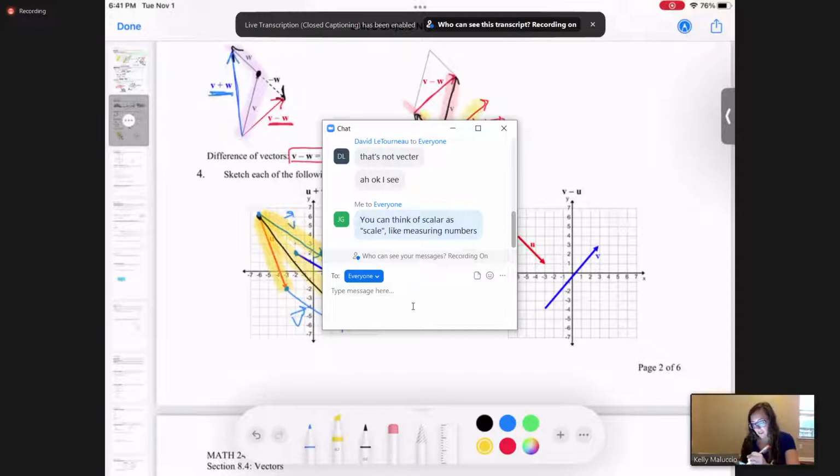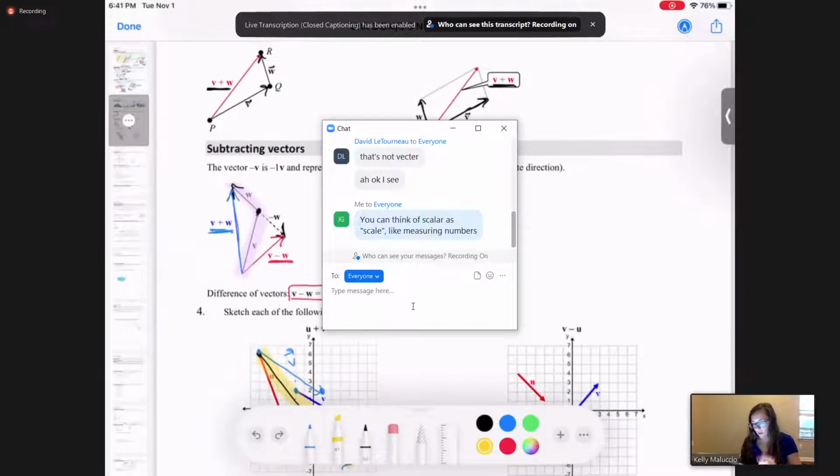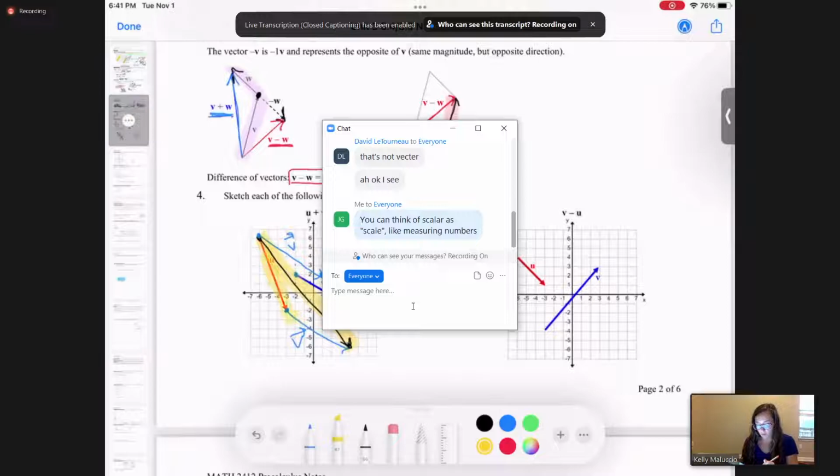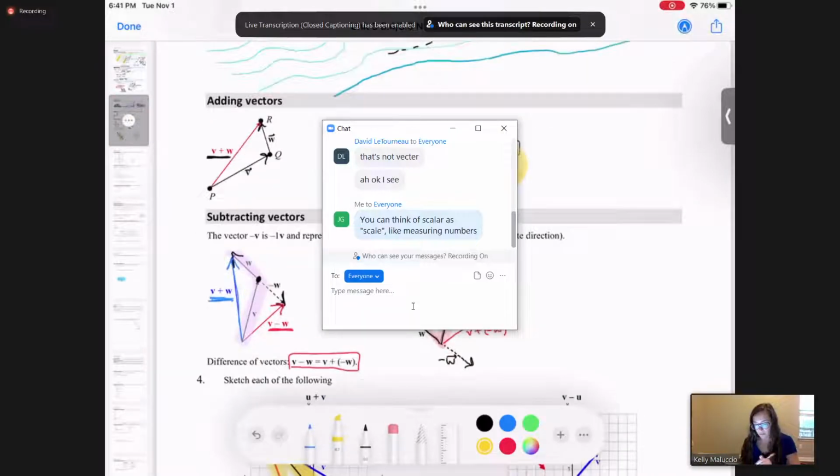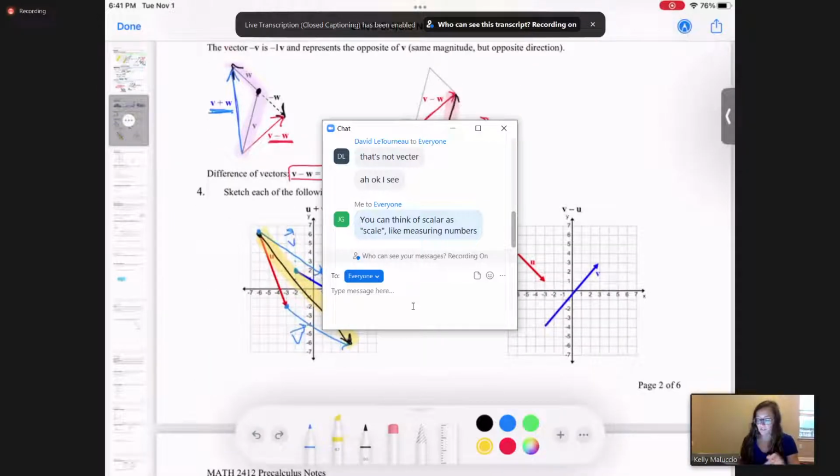And it creates a triangle for the other one. Either way, you're correct, and we actually don't have to do anything else here. I've already labeled it, but this is U plus V.